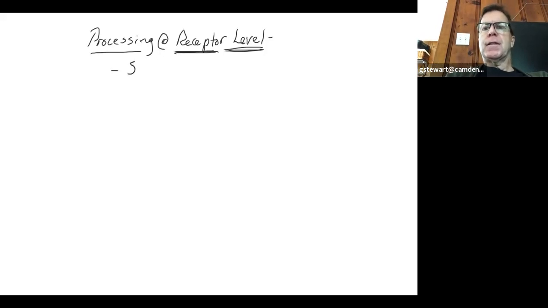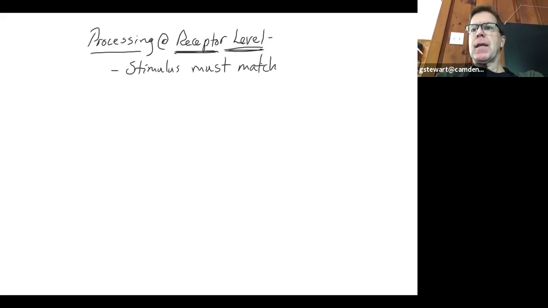There are some requirements that must be met in order for that receptor to be triggered, to fire. So first, the stimulus must match the receptor specificity. That's just a fancy way of saying the change, the stimulus, for example, heat in our example, must match the receptor specificity.